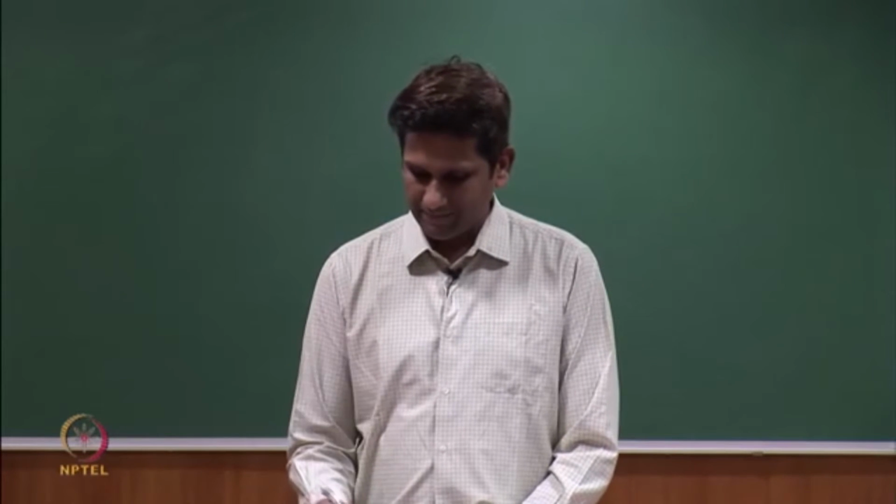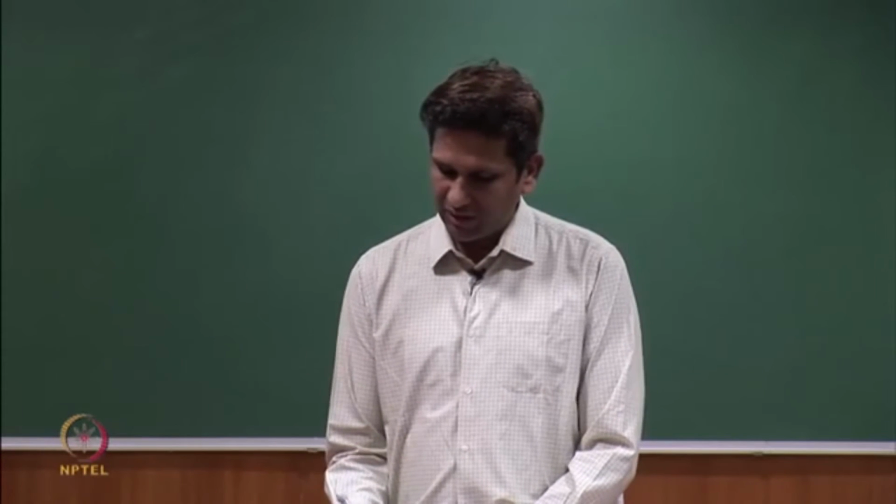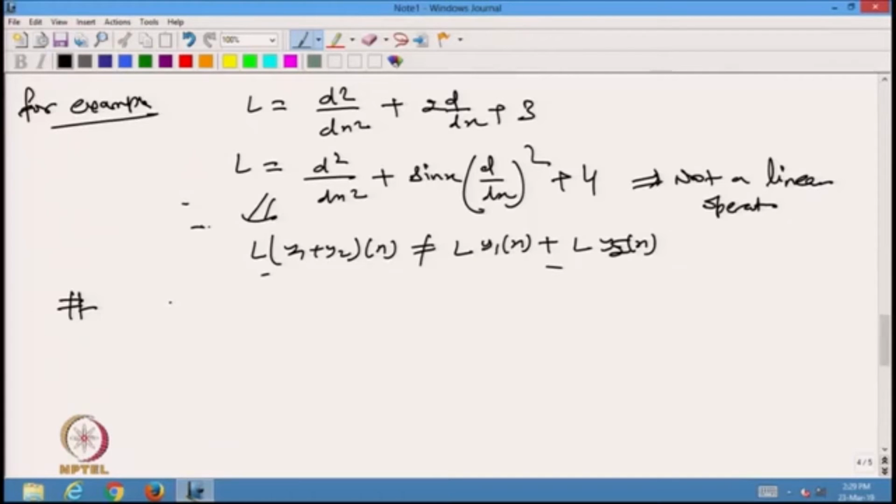Now, I know that this is a second order differential equation. Let us take one example. I have a very simple differential equation, (dy by dx) square plus, with some constant, I just take 4 dy by dx equal to 0.